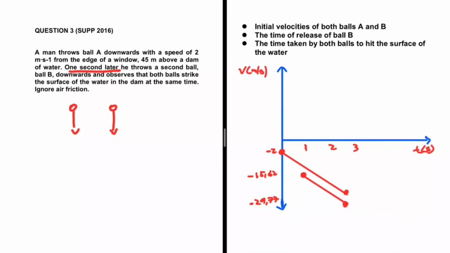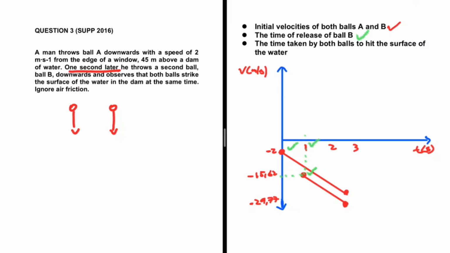So right, this is our velocity time graph. Let's see if we indicated all that we need to do. Initial velocity for both balls A and B. Initial velocity for ball A, initial velocity for ball B, which is 15.62. The time of release of ball B, that is at t equals 1. So we are able to indicate that.